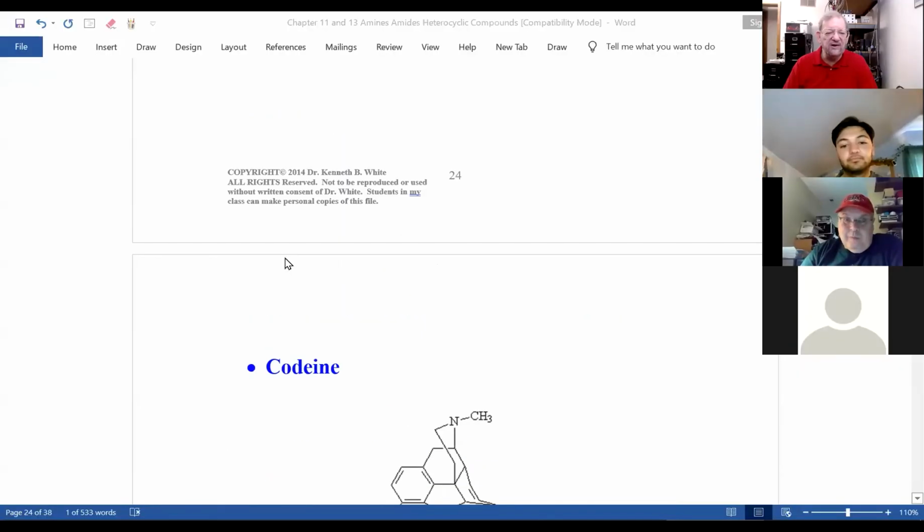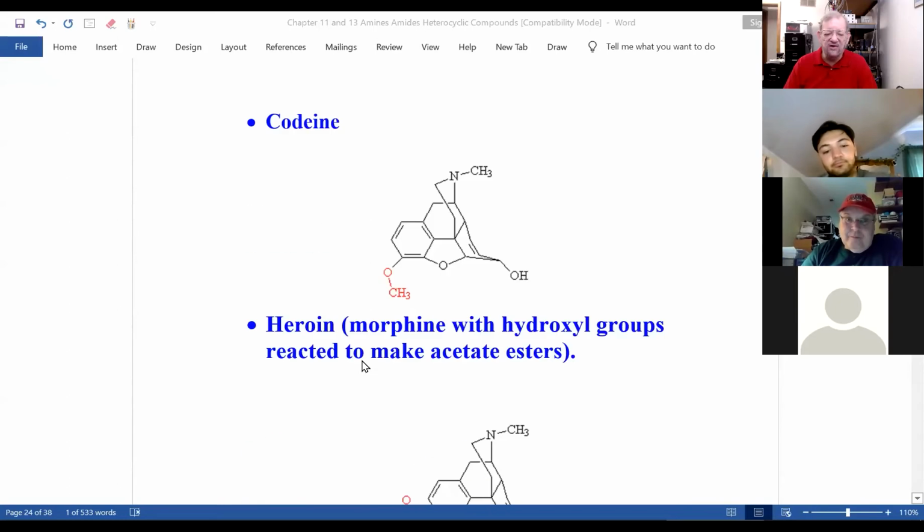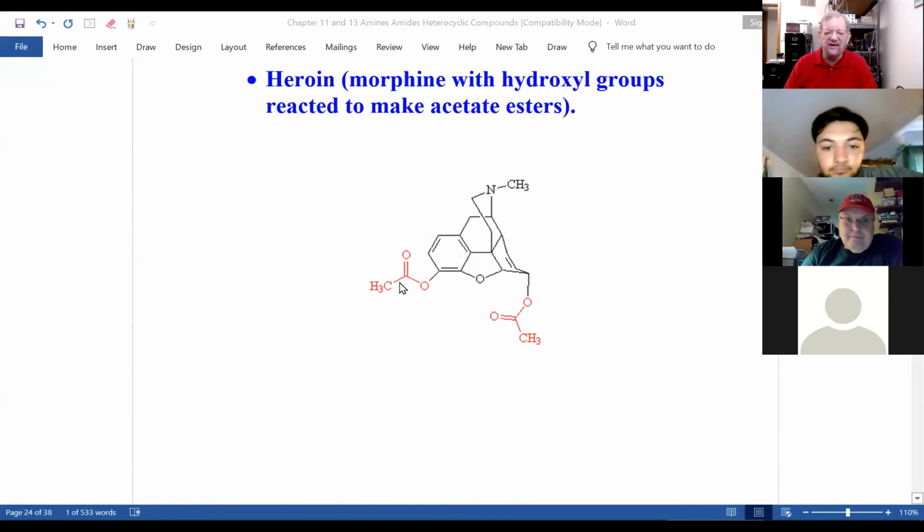But codeine is a very important painkiller. Now, if we look at morphine or codeine, and if we take those two hydroxyl groups and react them with acetic acid, do not try this at home, and there are other better ways to do it, you make this compound. And this compound is called heroin.